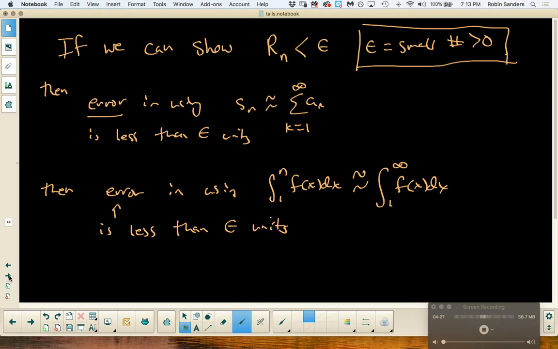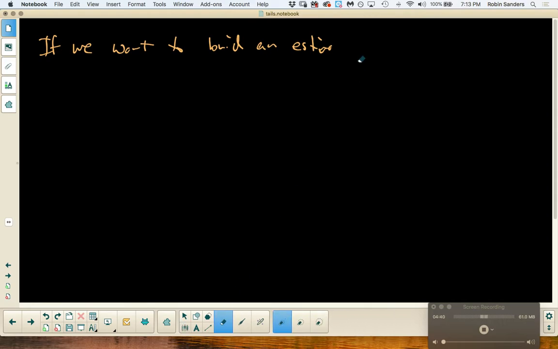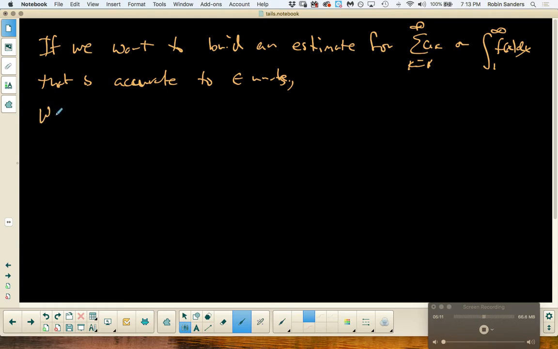This is an important idea because it lets us ask this kind of question. If we want to build an estimate for either an infinite series or an improper integral that is accurate to epsilon units, all we have to do is find a capital N such that the tail of the series or the tail of the improper integral is less than epsilon units.